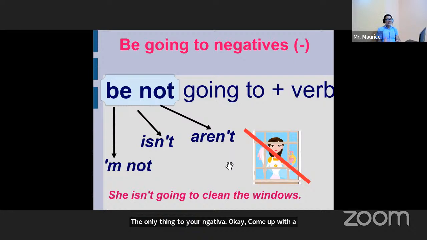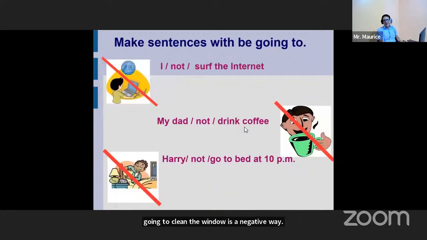Como por ejemplo esta. She isn't going to. No va a limpiar las ventanas. She isn't going to clean the window. Is a negative way. Negative. Okay? So let's practice in a negative way.